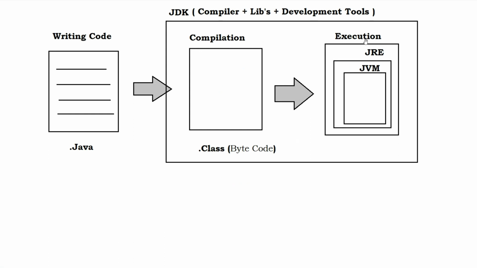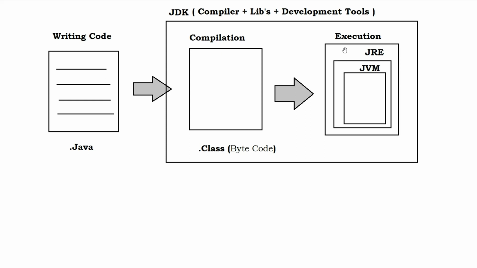JRE means Java Runtime Environment, and JVM means Java Virtual Machine, which come under the JDK. The JDK includes a compiler plus the libraries required for it, plus the development tools required to develop software using Java.